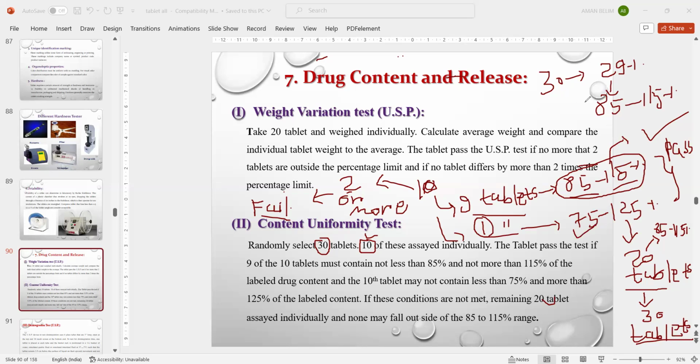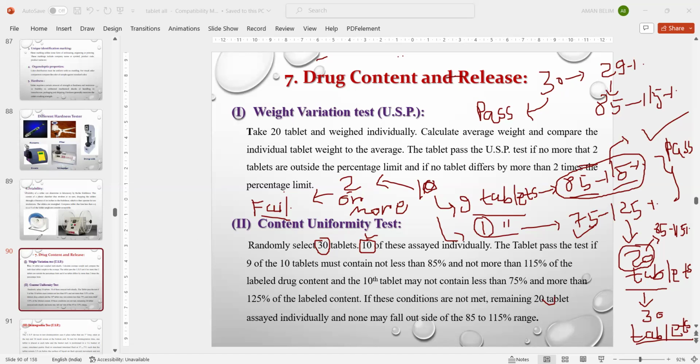That is allowed, and then this test will be passed. Even if any tablet in these 20 tablets is defective, meaning it is outside the range of 85 to 115% API content, then also the test will fail.